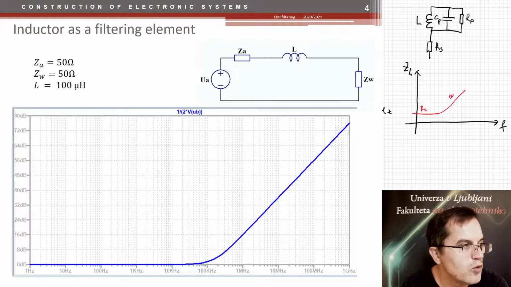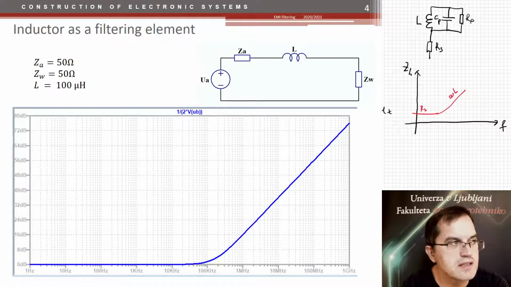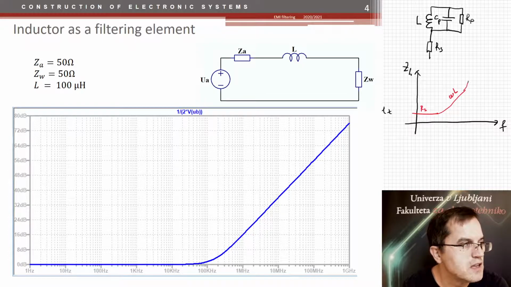So this is the omega L part. And then this capacitance, which is 1 over i omega C here, would start to prevail at a certain frequency. So we'll have some sort of a parallel resonance, omega P, the parallel resonance between L and C. After that we will have 1 over omega C parallel, and that would go down again.